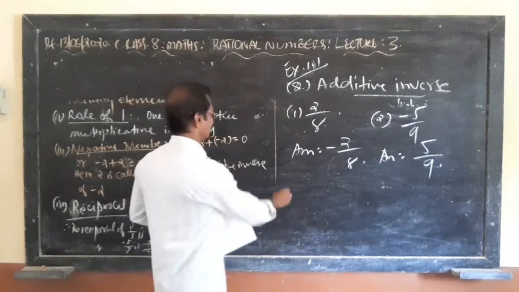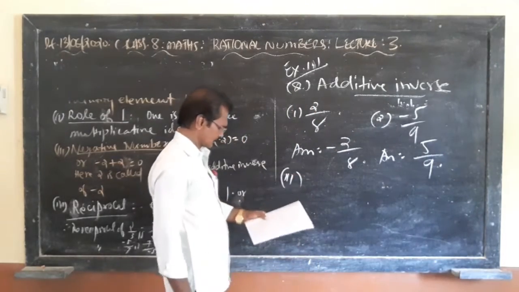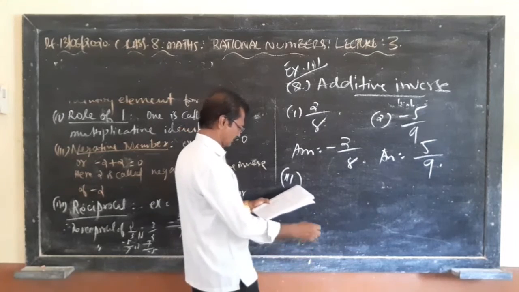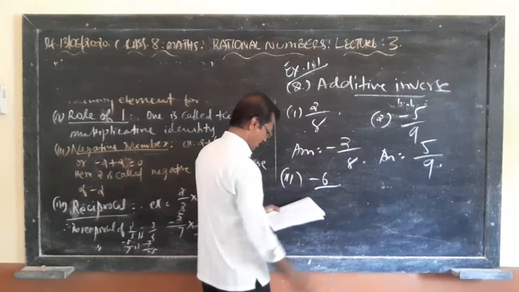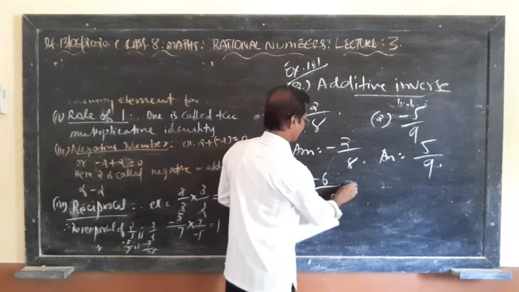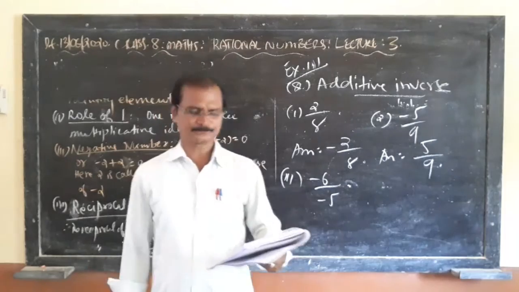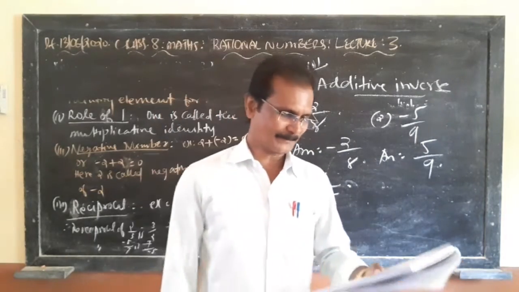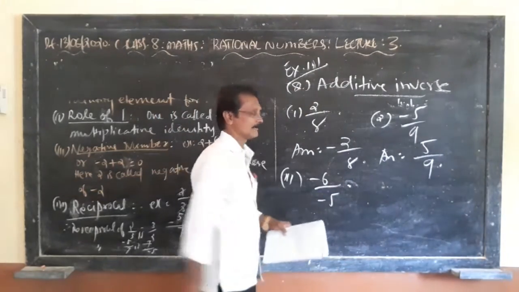And the third question is minus 6 upon minus 5. What is the additive inverse?